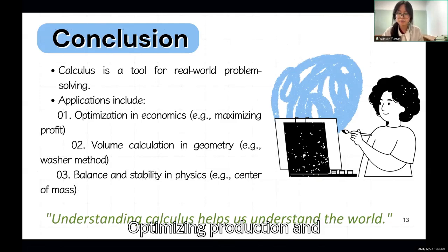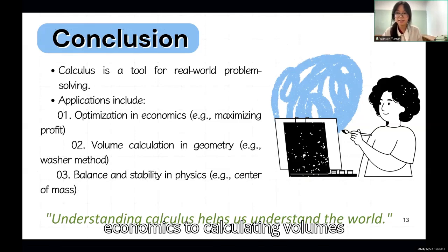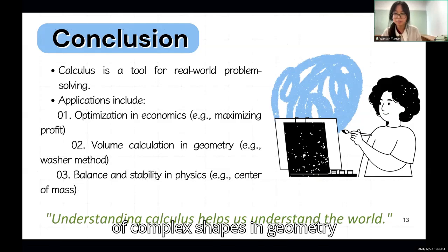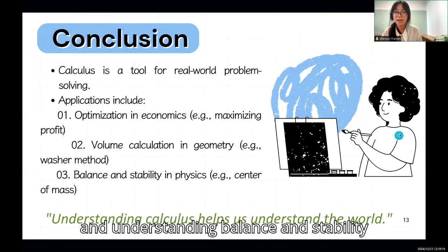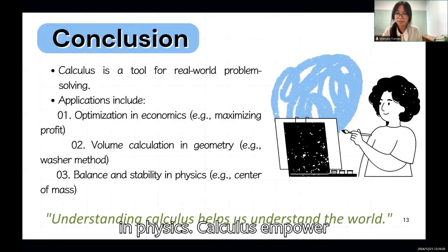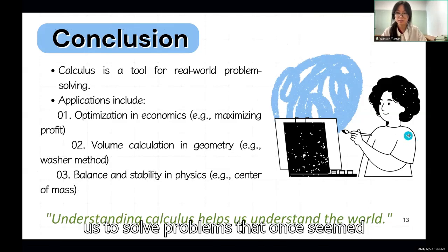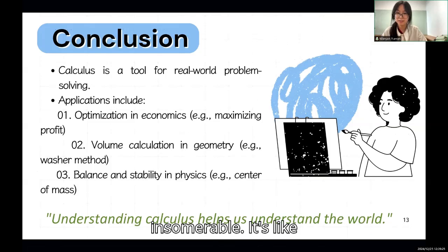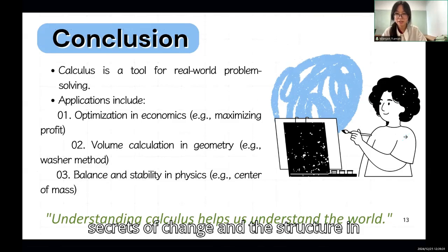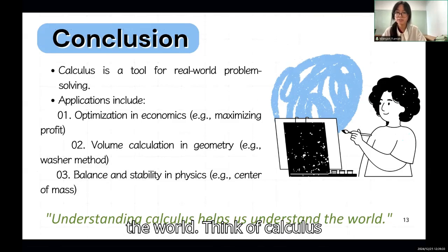From optimizing production and maximizing profit in economics, to calculating volumes of complex shapes in geometry, and understanding balance and stability in physics, calculus empowers us to solve problems that once seemed insurmountable. It's like holding the key to unlock the secrets of change and structure in the world.